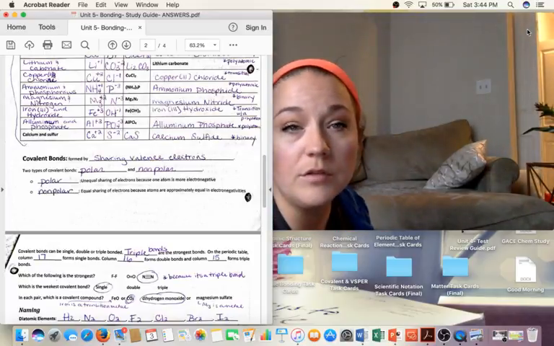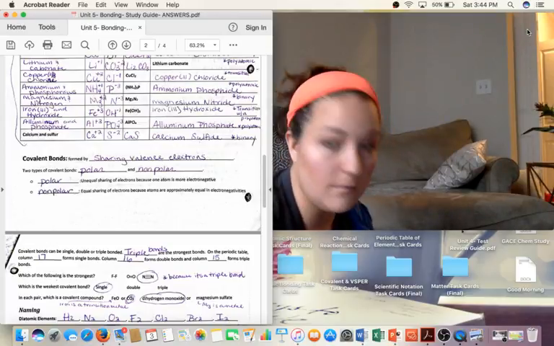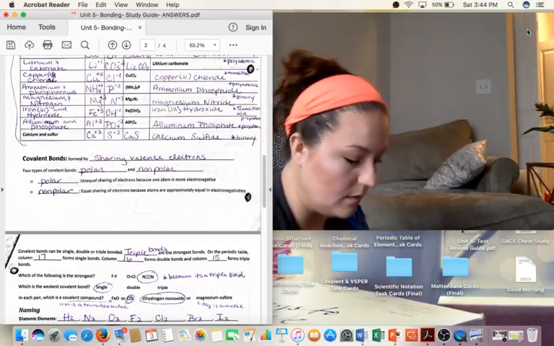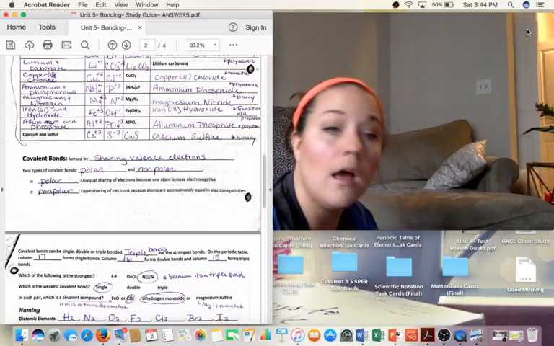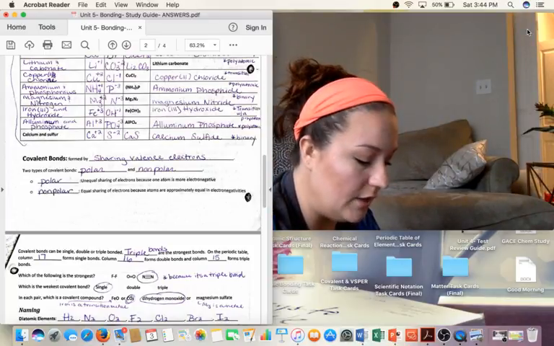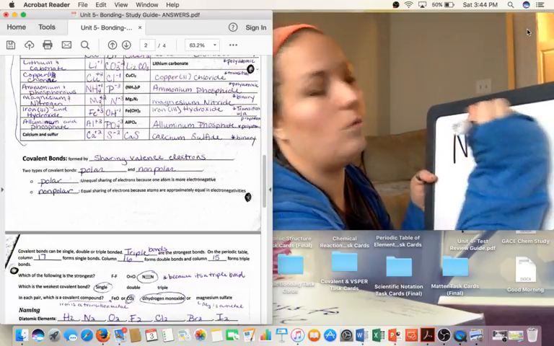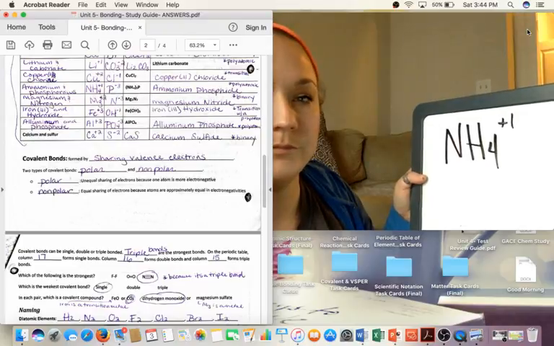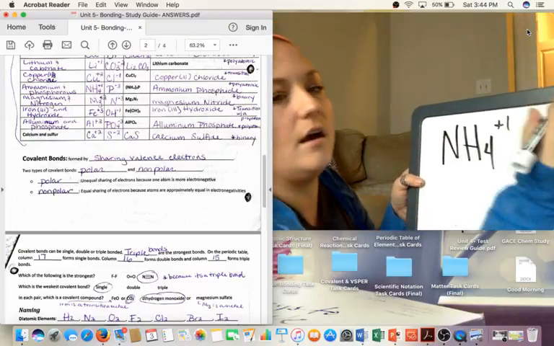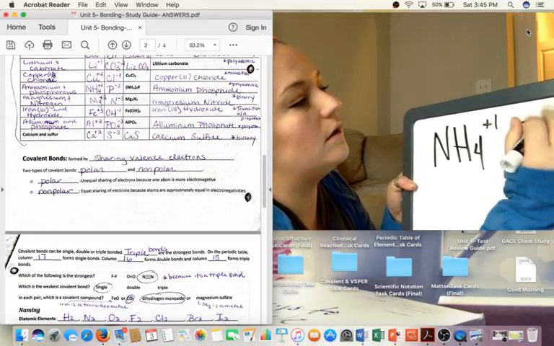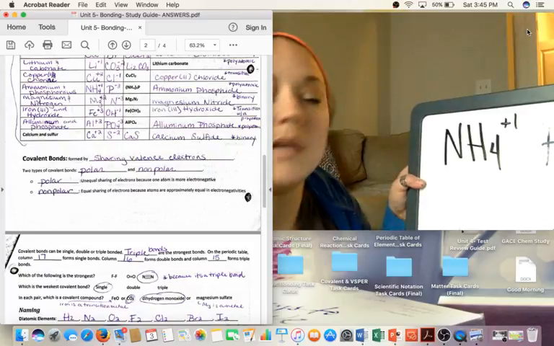So when you look at ammonium, ammonium is a polyatomic that forms NH4, which has a positive 1 charge. Then you see that phosphorus is on the outside, which has a positive 3 charge.